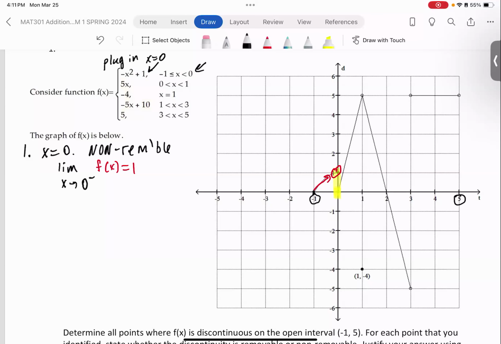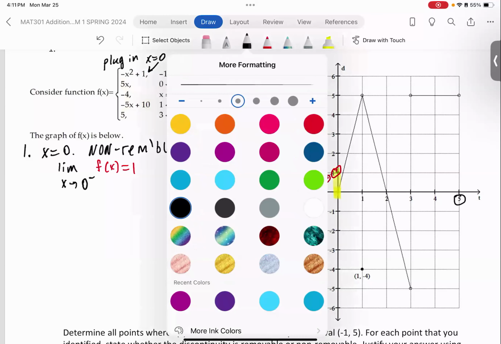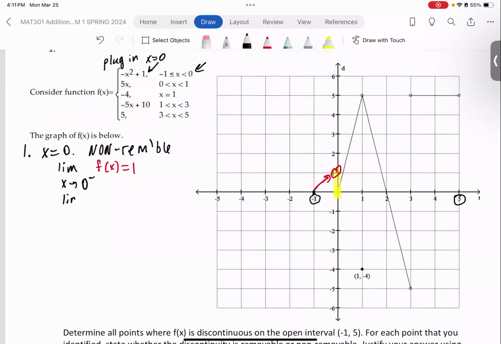How about on the other side? The limit as x approaches 0 from the right side of f of x. It's 0. Yes. Let me erase this right here so you can see it better. It's a very important point: we're talking about limits and connecting to the concept of continuity.